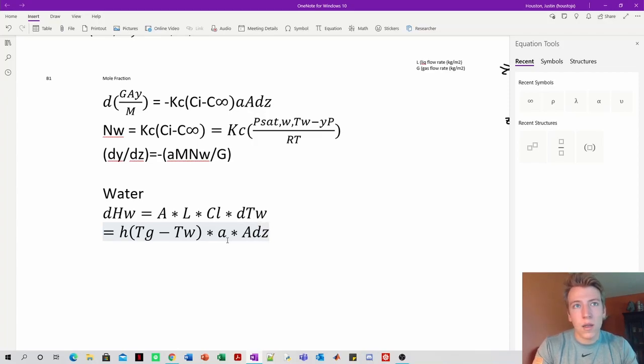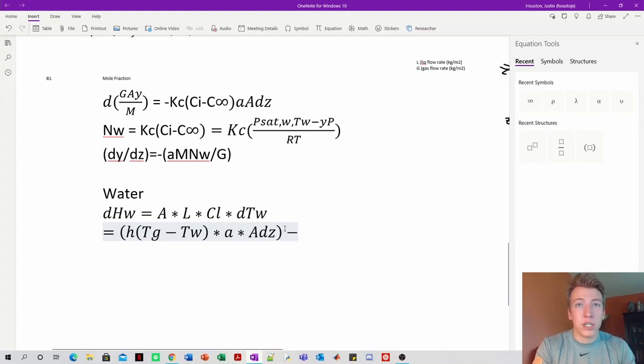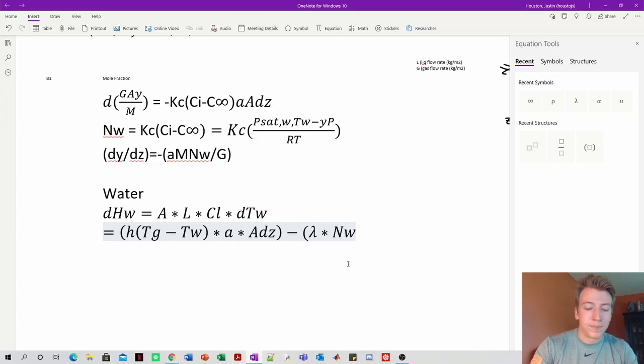And I'm going to put this all in parentheses real quick, because this first part here is going to be the heat transfer of the air to the water. And then we're going to subtract that by the evaporation occurring. So we are going to have the enthalpy of vaporization times NW, which is, like we found before, the molar flux of the water vapor, times that total surface area again, A dz.